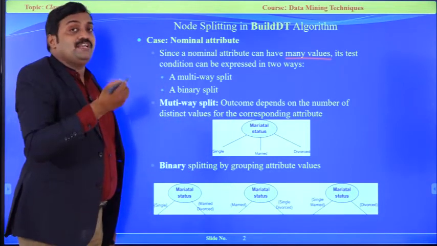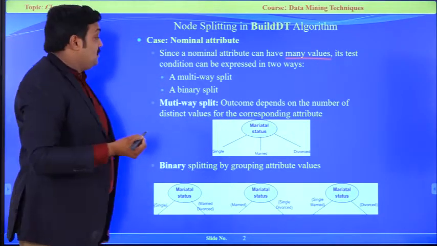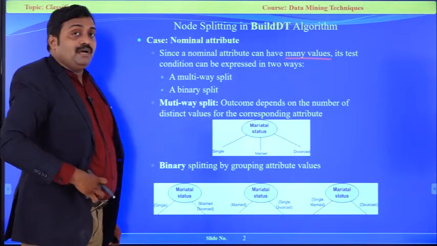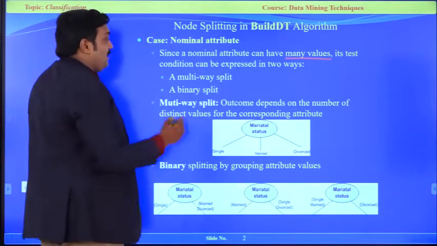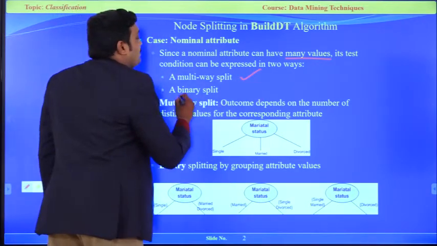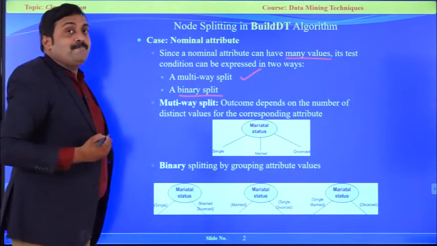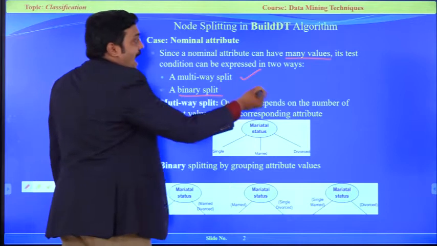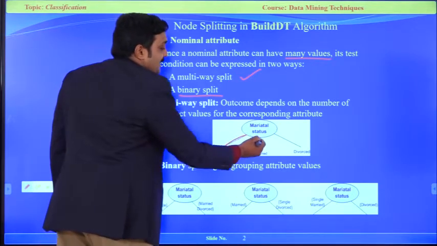Whenever we have many values, we go with two approaches: one is multi-way split, and the other is binary split as before. Multi-way split is very simple: for however many values you have, you create that many splits.